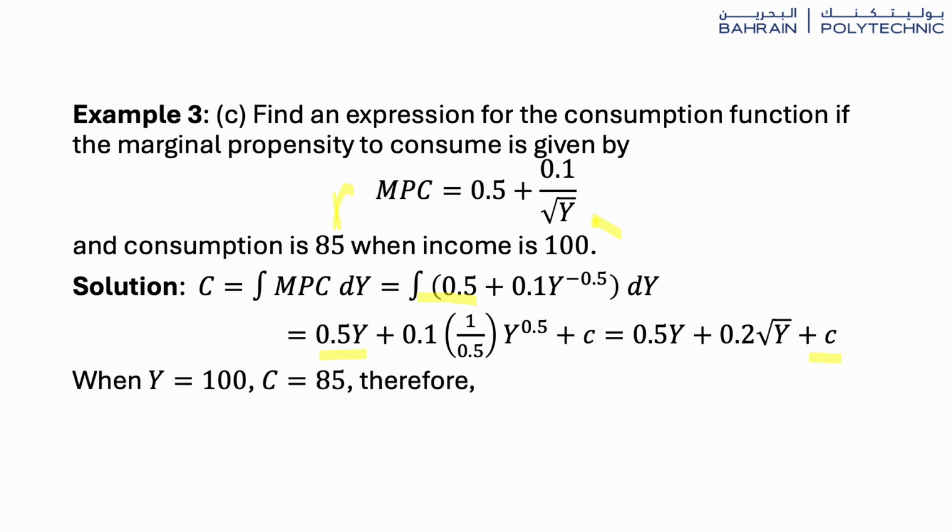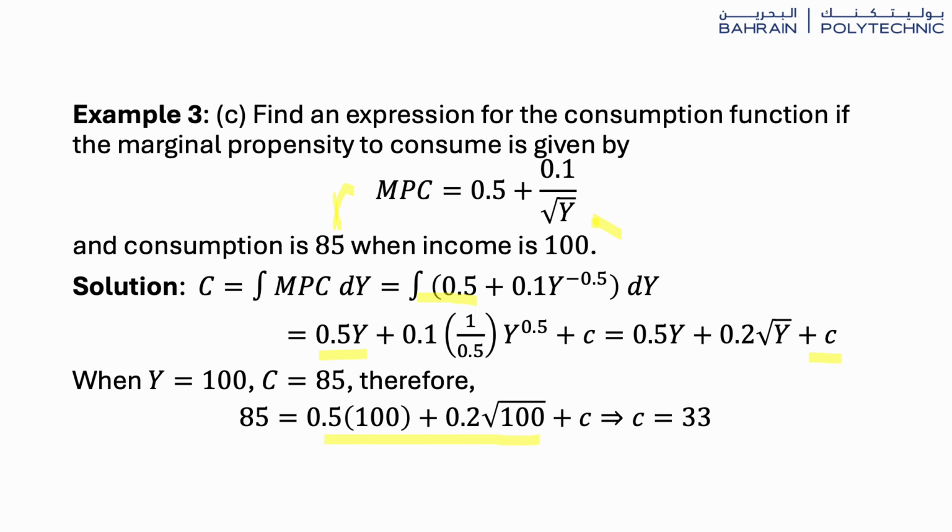Y equals 100, the capital C is 85, and we have to calculate the small c, or the small constant here. Just by substituting in the formula, using the calculator, then subtracting it from 85, we will get c equal to 33.